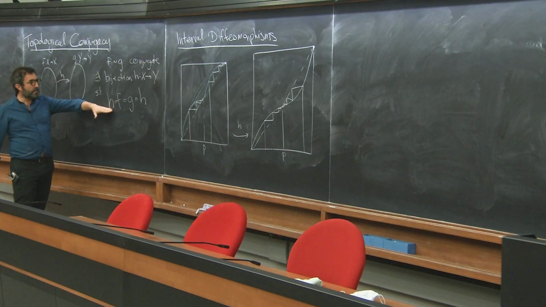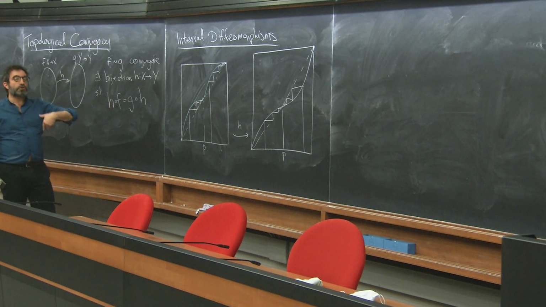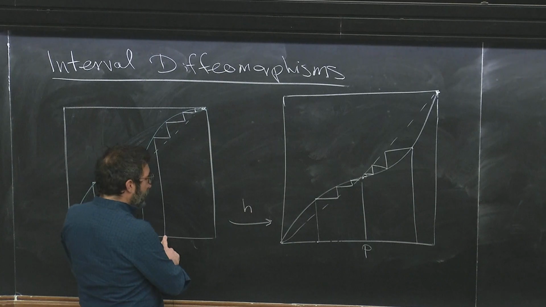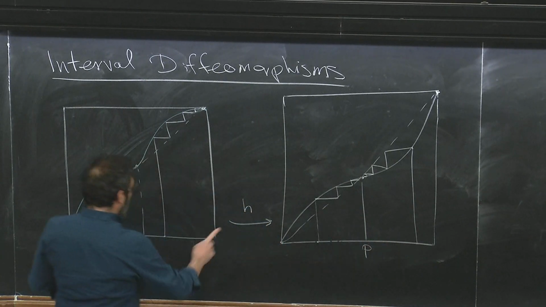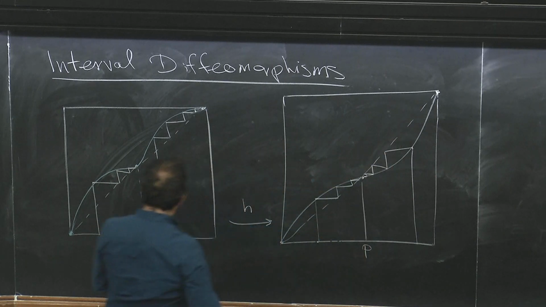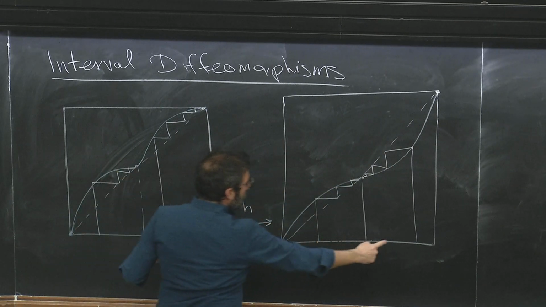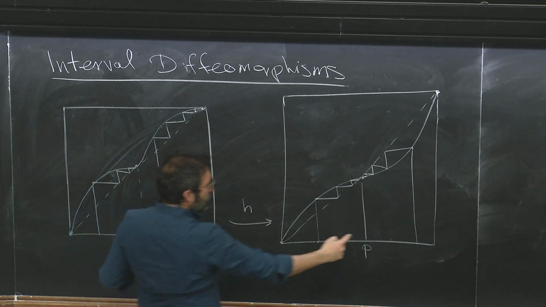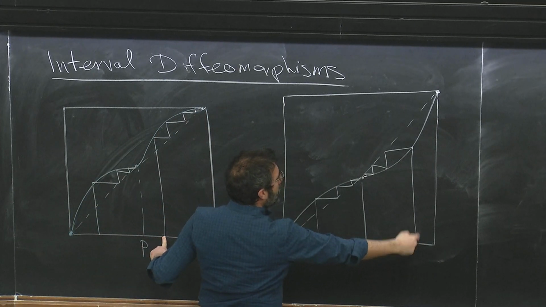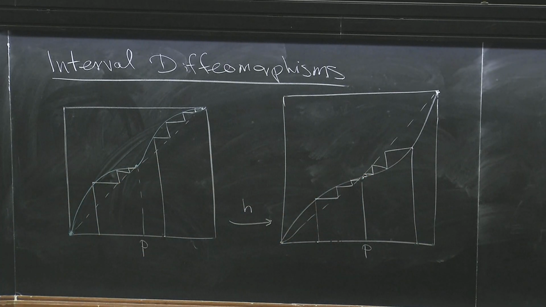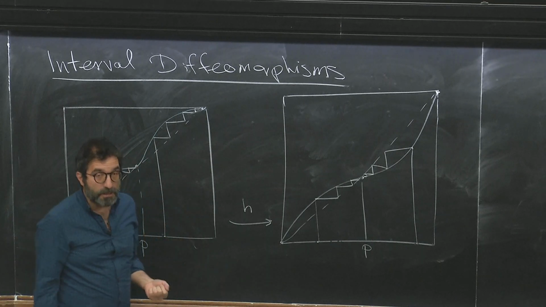If H is a homeomorphism, then it sends omega limits to omega limits, which means that every homeomorphism must map the endpoints to the endpoints, right? So if it maps this point to this point, then it must map the omega limit set of this point, which is this endpoint, to the omega limit set of this point, but the omega limit set of this point is here, right? So these two cannot be topologically conjugate.